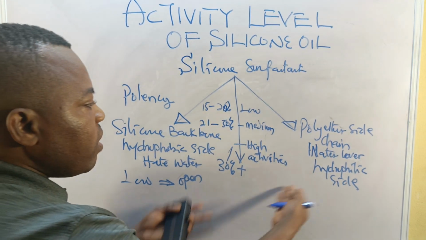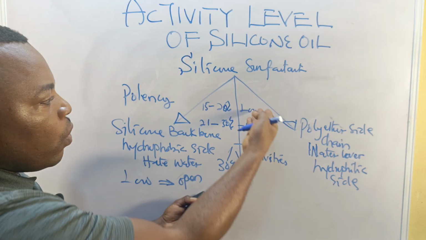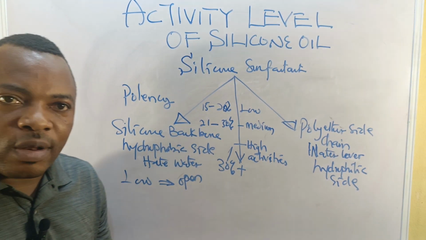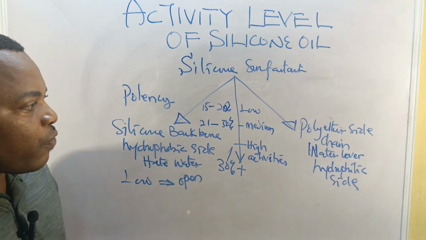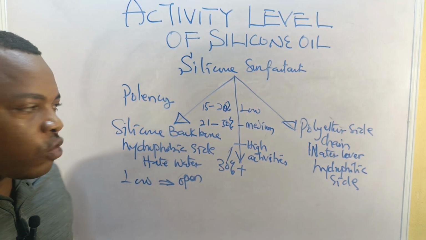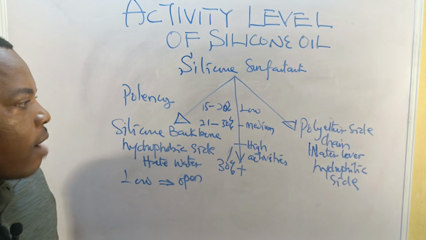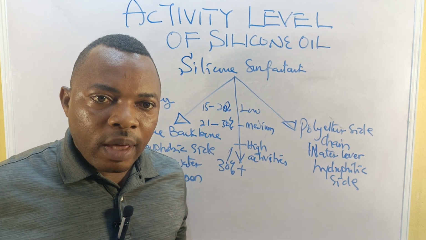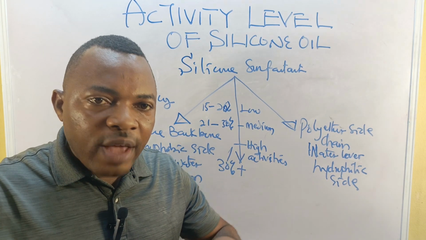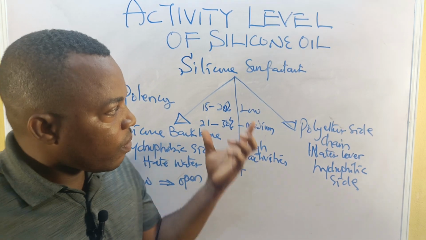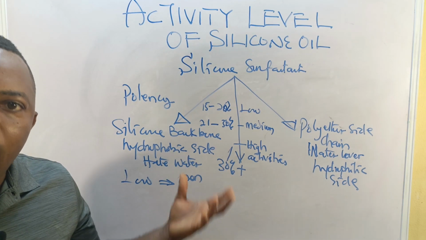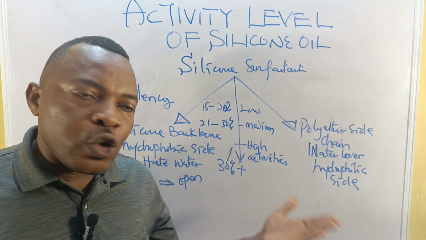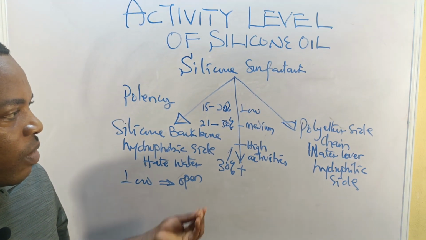Because of this balancing, that is what leads to low, medium, high activity silicone surfactant used in PU foam production. So with this lesson, you can now conclude that all silicones are not the same, by virtue of the chemical structure and the performance and the density that you want to use them to produce.